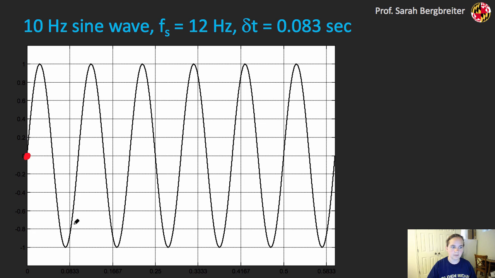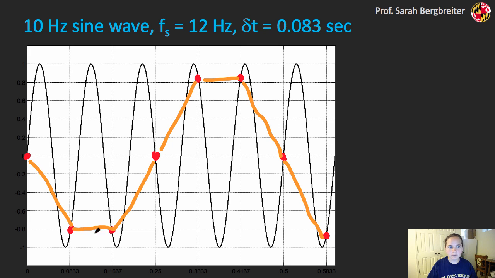So I'd take a sample here, here, here, back up here. These red dots now represent my sampled signal. I have 1, 2, 3, 4, 5, 6, 7, 8 samples of this particular time window. And once again, I can reconstruct it by doing this linear interpolation.